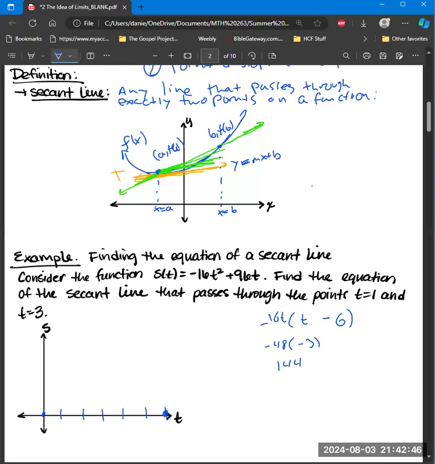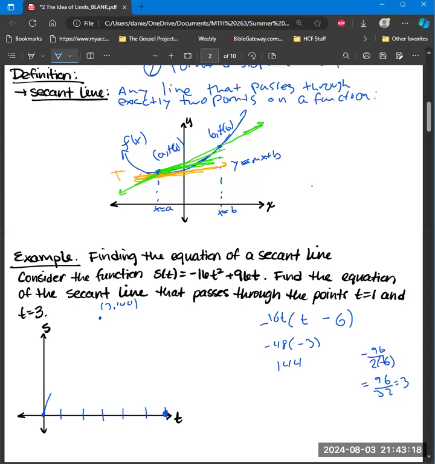So 3, 144. I think that's going to be my vertex here. Negative b over 2a is 3, yes.